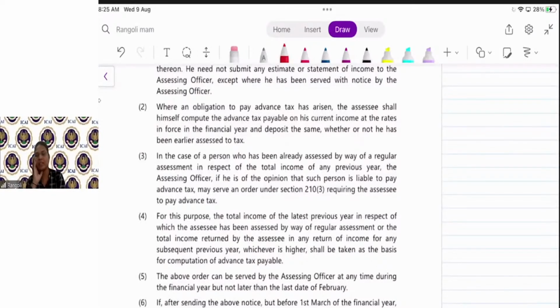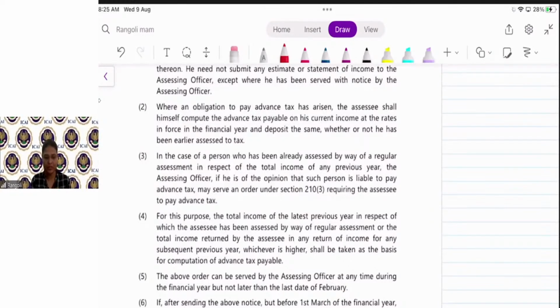Now, another example: if the assessing officer has calculated your income and tax on that income based on your past income trend, and passes an order to pay advance tax accordingly, based on the income estimated by the assessing officer, then in that case you have to calculate your income.